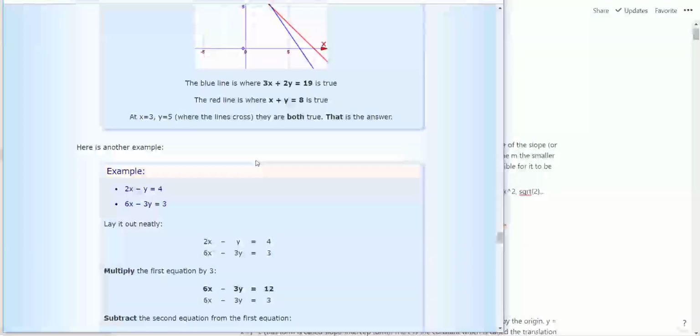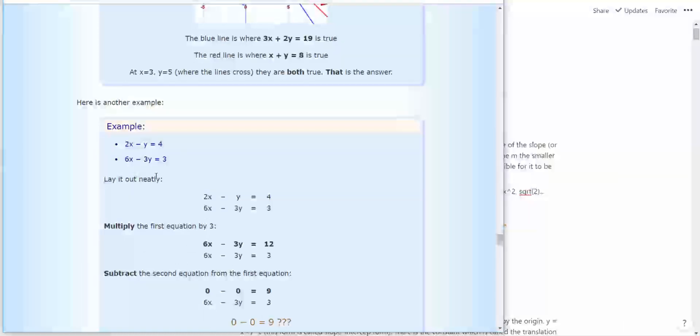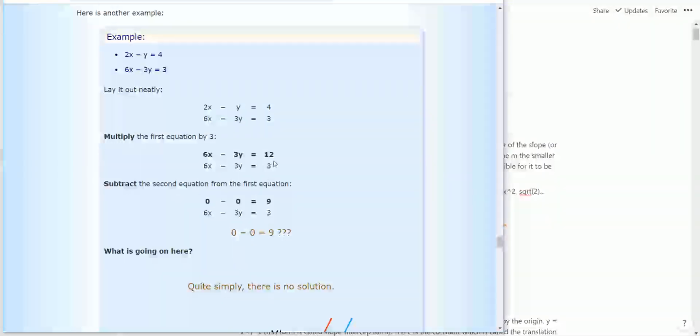It's interesting. So in this case, we could multiply this by 3. Then we do the addition. Or no, we do the subtraction here, multiply by -1.